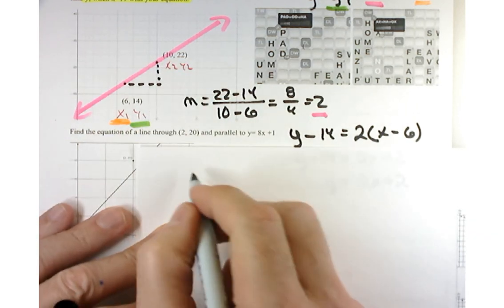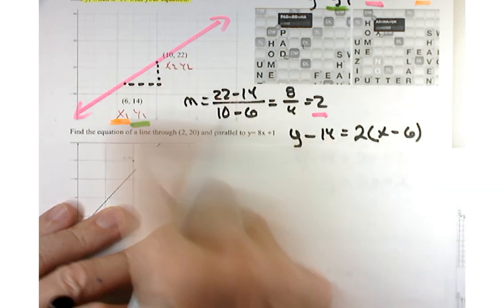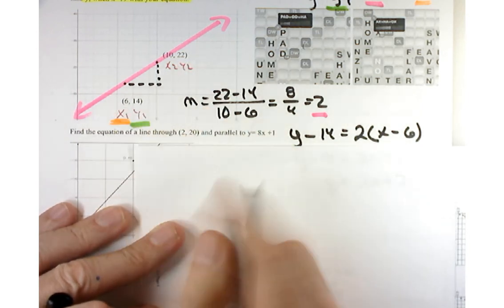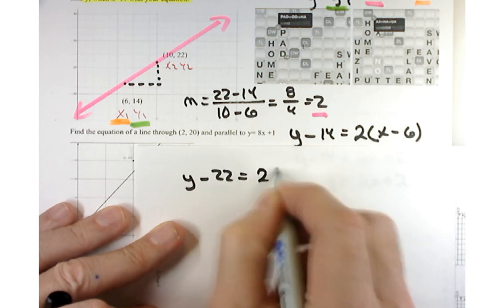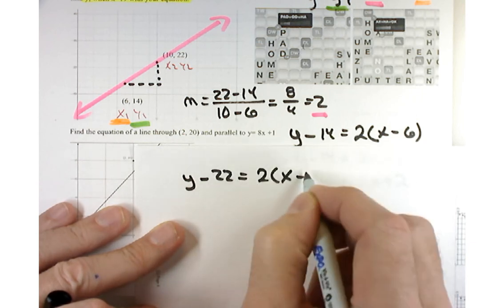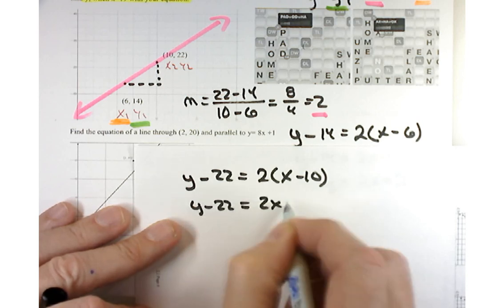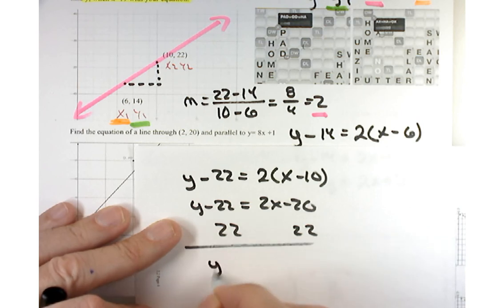I like 22. So we could plug in that point instead. It'd be y minus 22 equals 2 times x minus 10. So y minus 22 equals 2x minus 20. And when you add 22 to both sides, you get 2x plus 2.